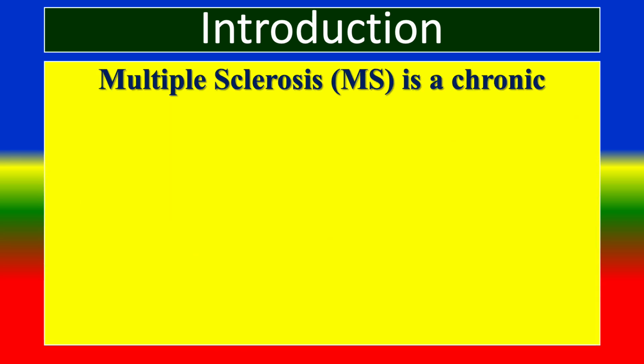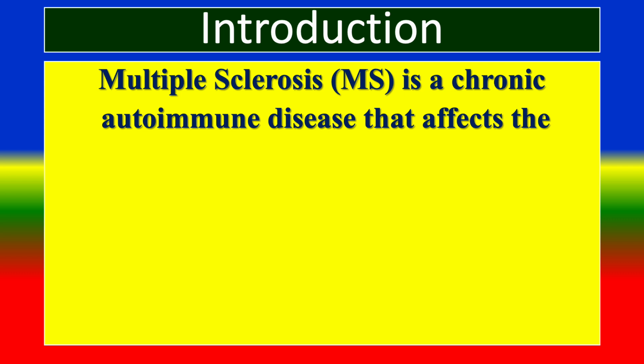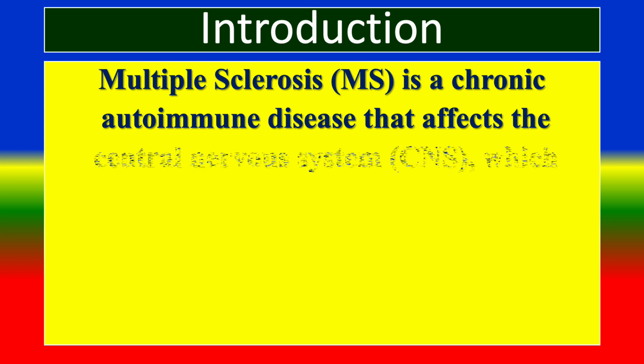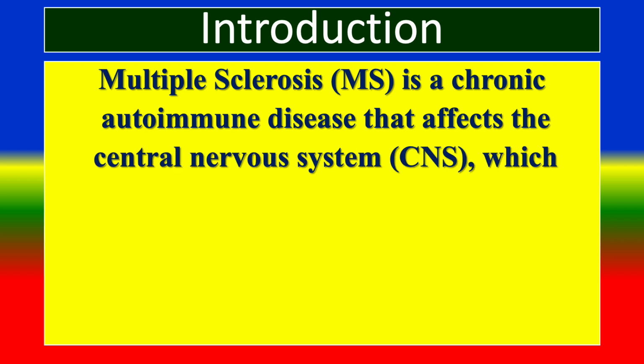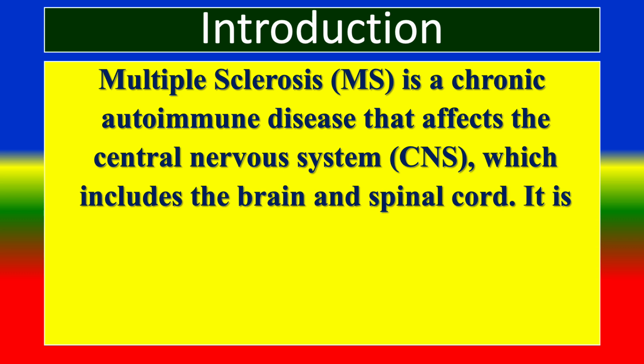Multiple sclerosis is a chronic autoimmune disease that affects the central nervous system, which includes the brain and spinal cord.